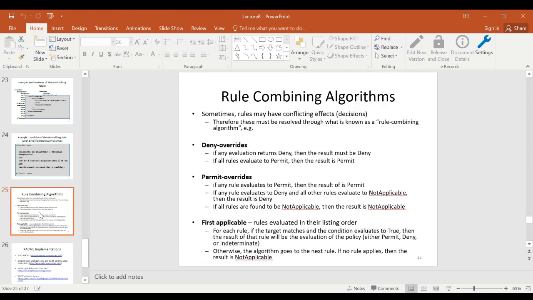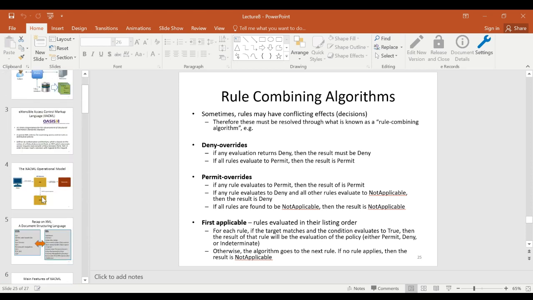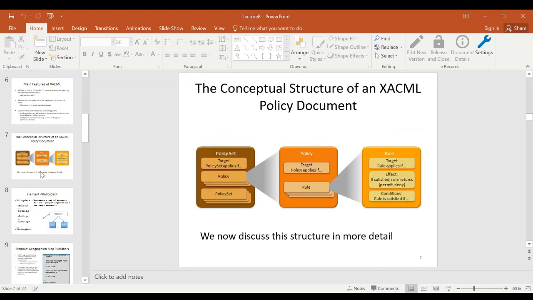Now we come to an important part of this, which is rule combining algorithms. As you would have seen all the way up here, we said that a policy is a number of individual rules. A policy is nothing more than a collection or a set of individual rules.